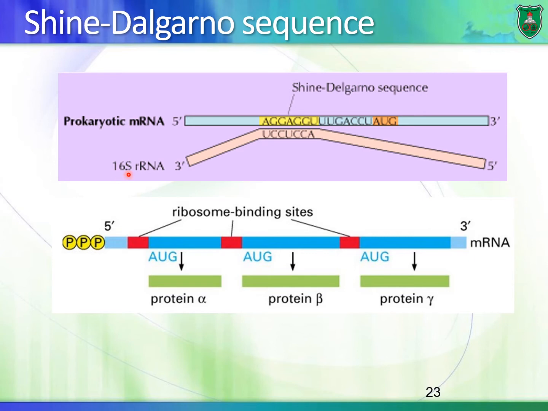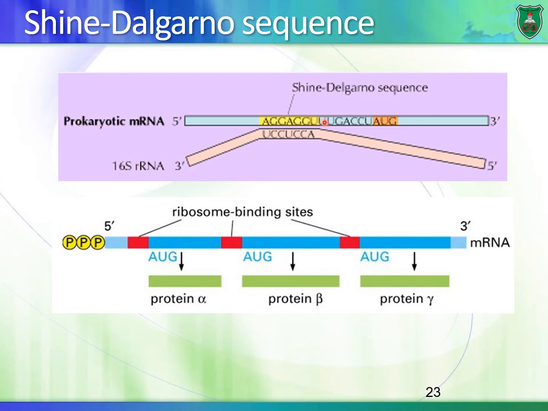It's 16S rRNA in bacteria, and it is 18S rRNA in the human small ribosomal subunit. So this interaction between the Shine-Dalgarno sequence of messenger RNA and the ribosomal RNA would stabilize the interaction between the messenger RNA and the small ribosomal subunit.